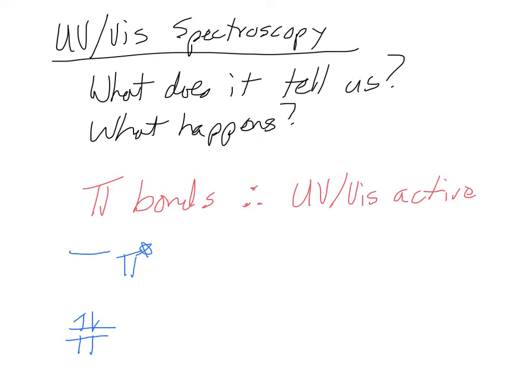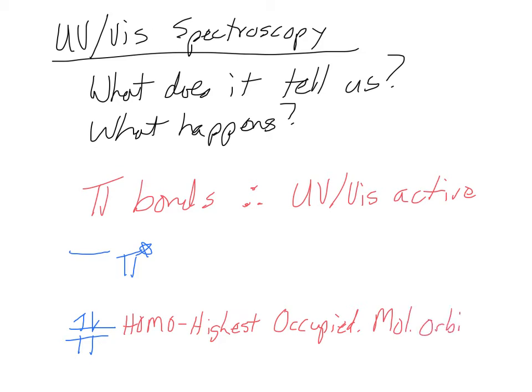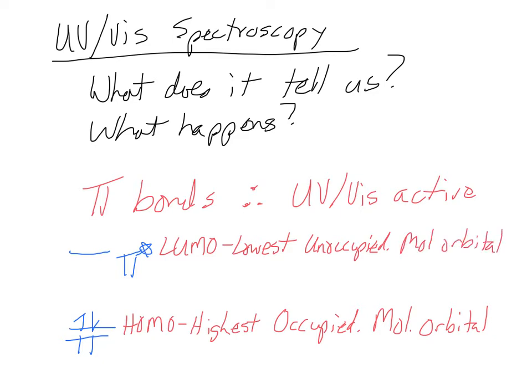There are some terms: HOMO, highest occupied molecular orbital, and LUMO, lowest unoccupied molecular orbital. All right? So what happens in a UV vis experiment?